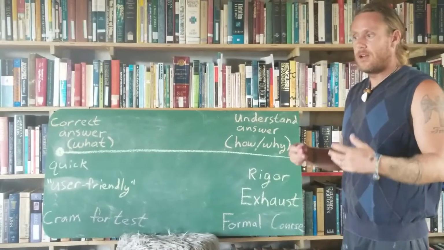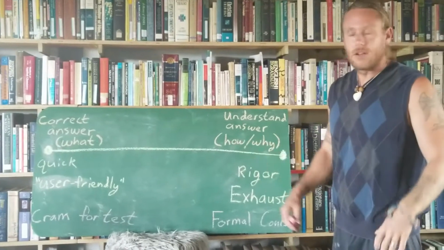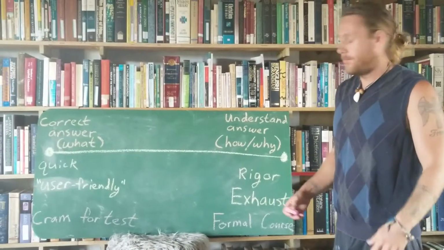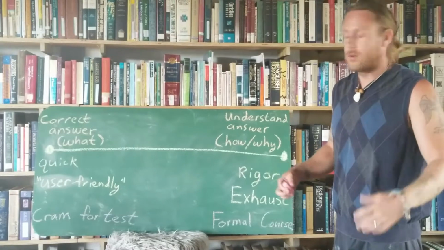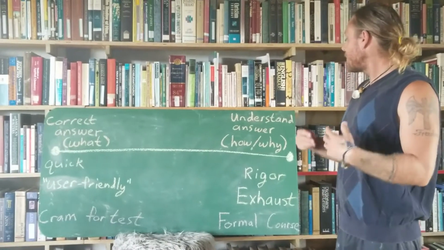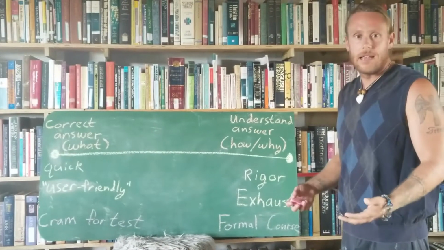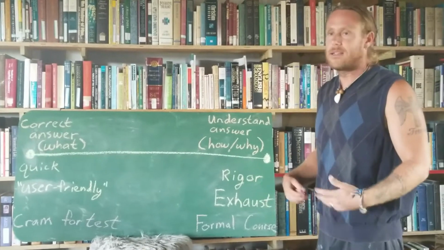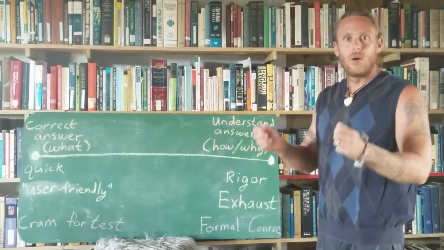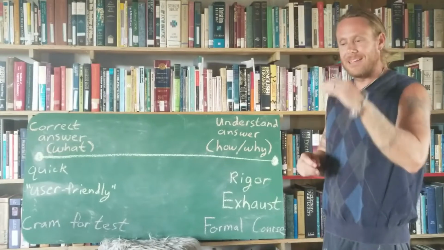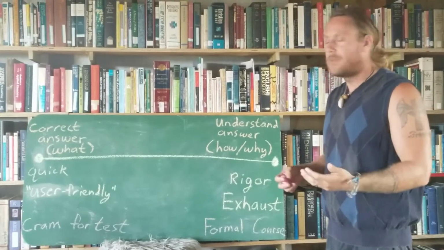Things are detailed rigorously, they're exhaustive in content, and by the way, I think that's the correct end. That's the way courses should be structured. But the focus is much more on understanding the answer, the hows, the whys, etc., as opposed to just simply what is the answer, or simply what is a mechanical, efficient way to obtain the answer.